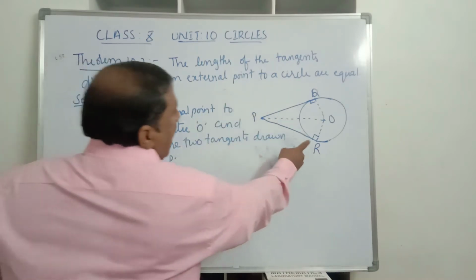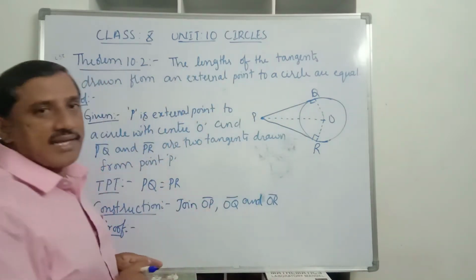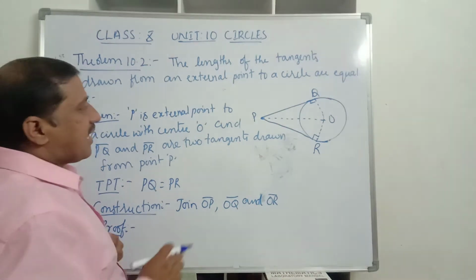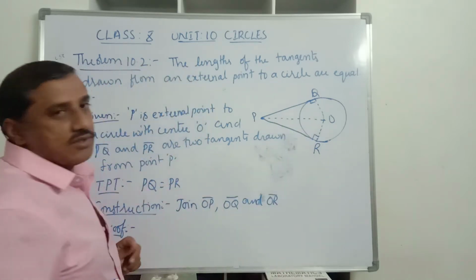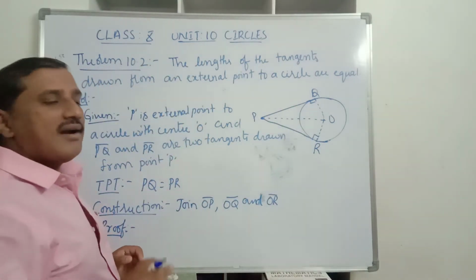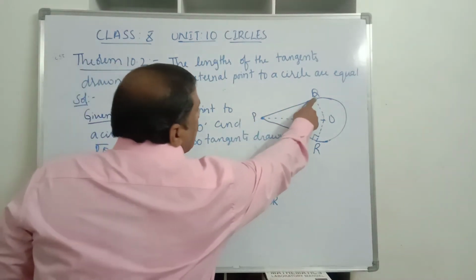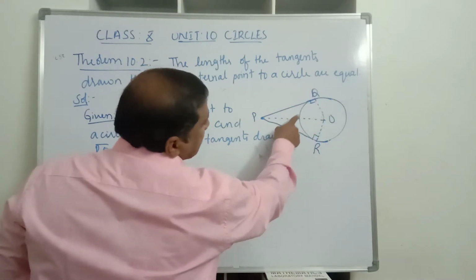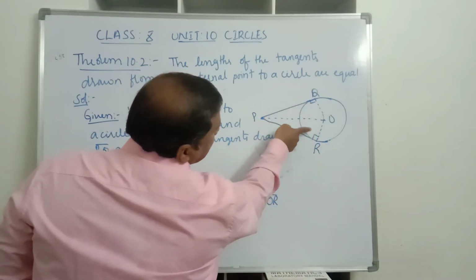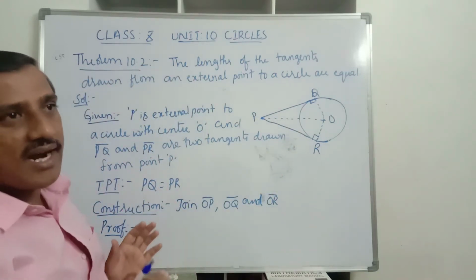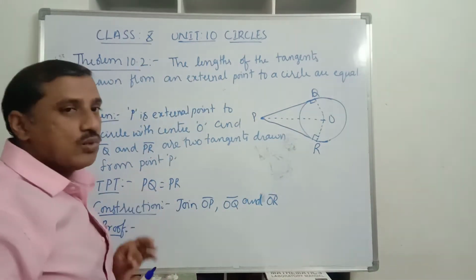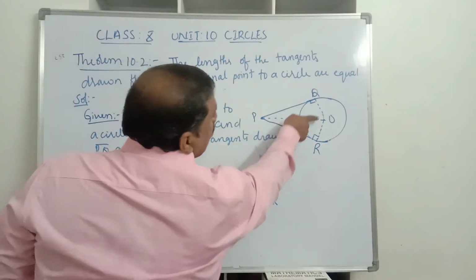How do we prove it? We know that angle R is equal to angle Q, each 90 degrees. OP is the common side for both triangles, and it is the hypotenuse of both right angle triangles, as it is opposite to the right angle. What about OQ and OR?